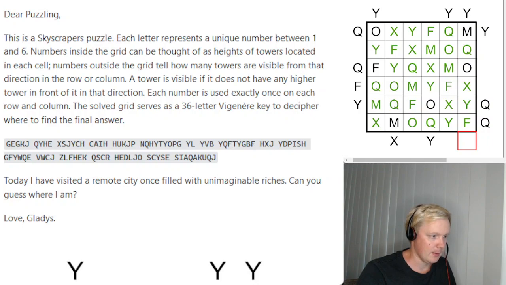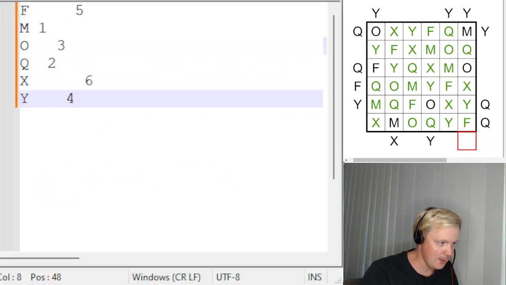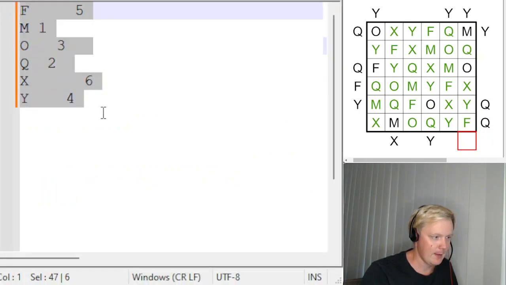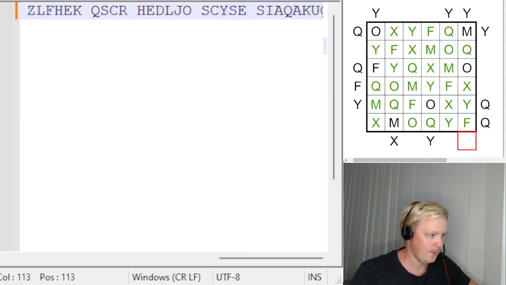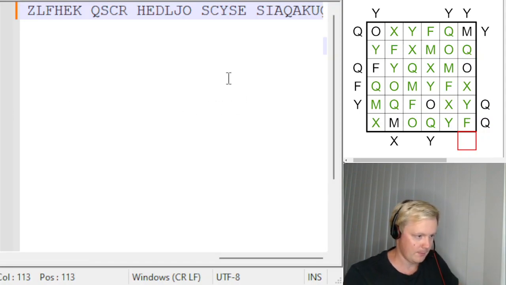Where's our notepad? It's here. So remove this. Put the encrypted text here, and now put our key under it.